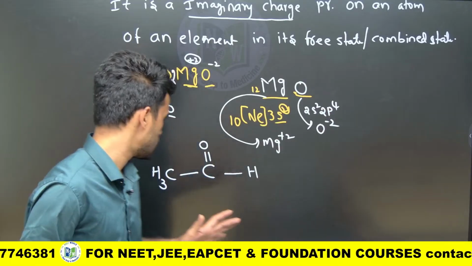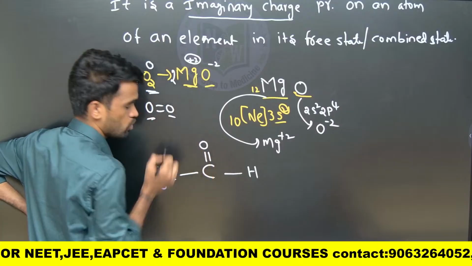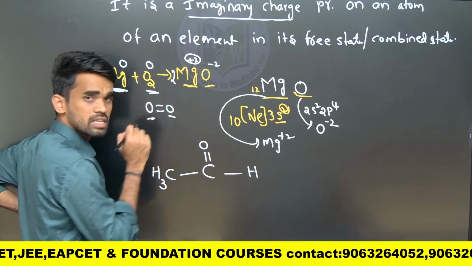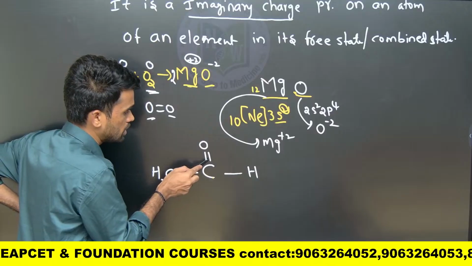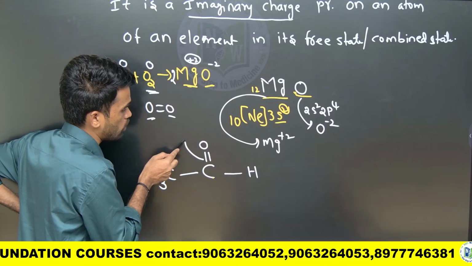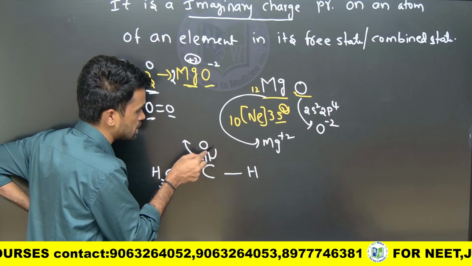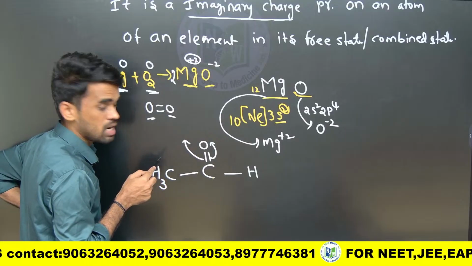Let us understand that. See here, between carbon and oxygen, which is more electronegative? Oxygen is more electronegative. So now take these 2 bonds, remove these 2 bonds towards the more electronegative atom. We know oxygen is the more electronegative atom. If these 2 bonds are taken by oxygen, what is the charge oxygen will get?